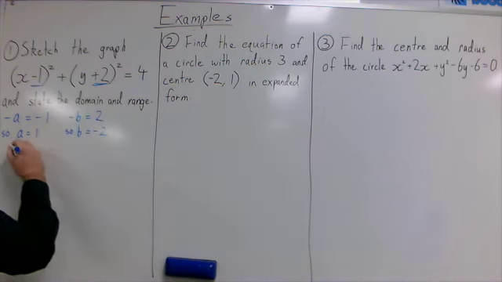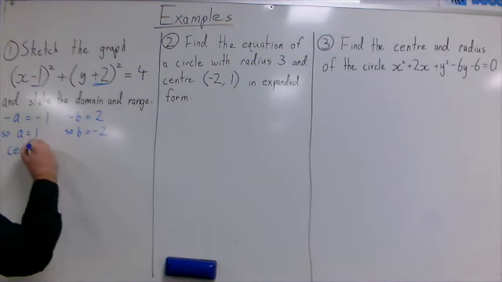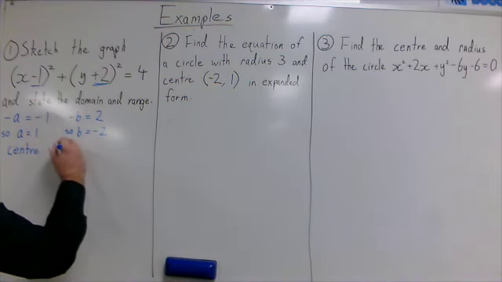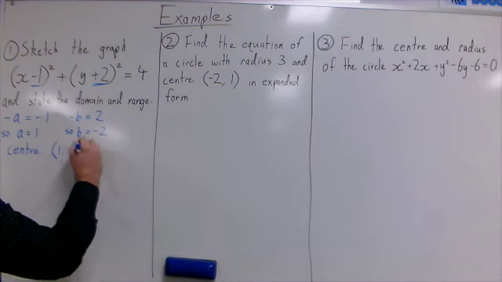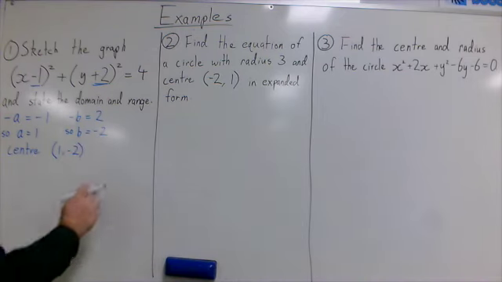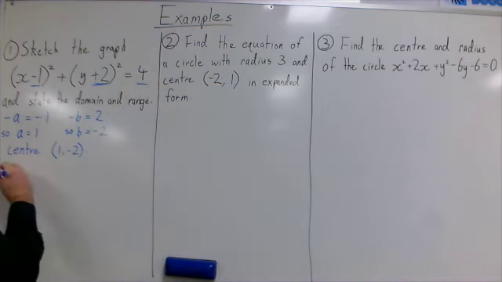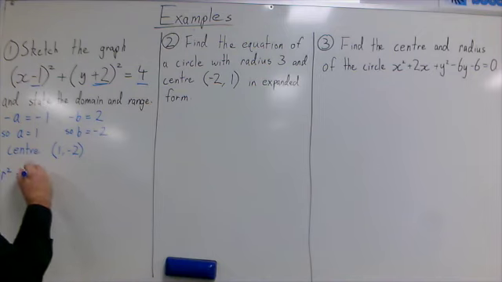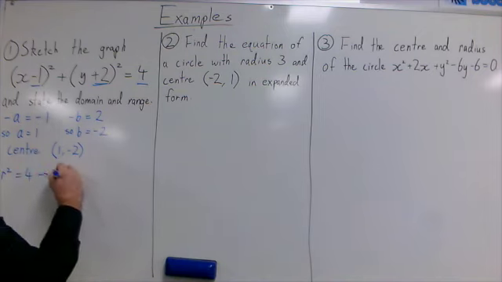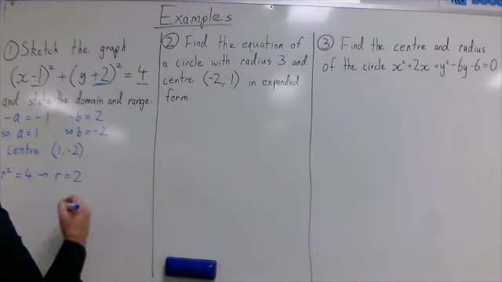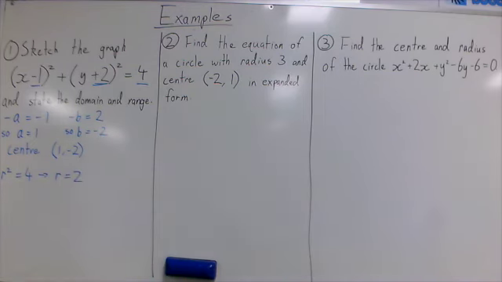So we have the center 1 and minus 2. Alright, for the radius, we know that that is supposed to be r squared. So r squared equals 4, so r equals 2.